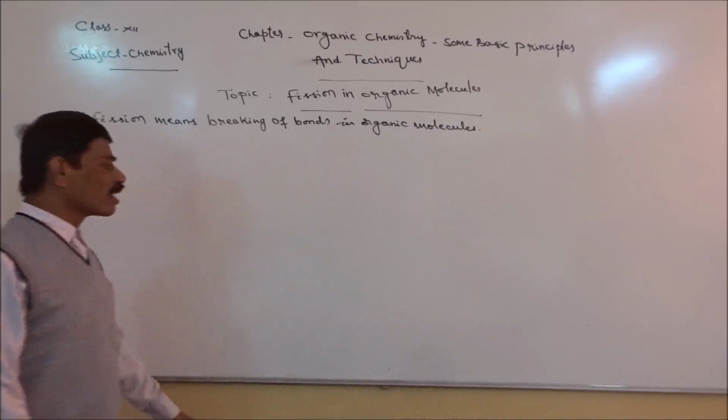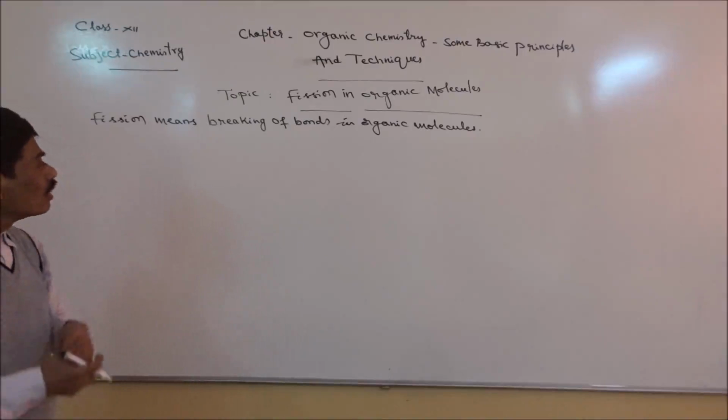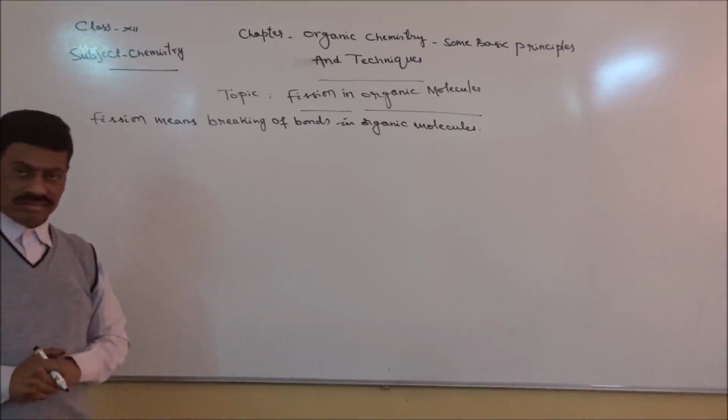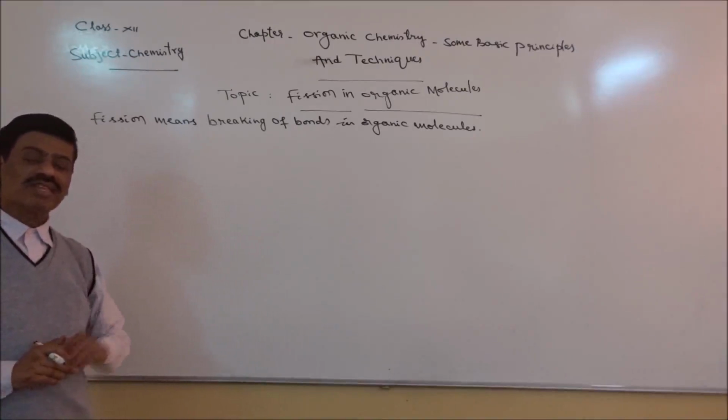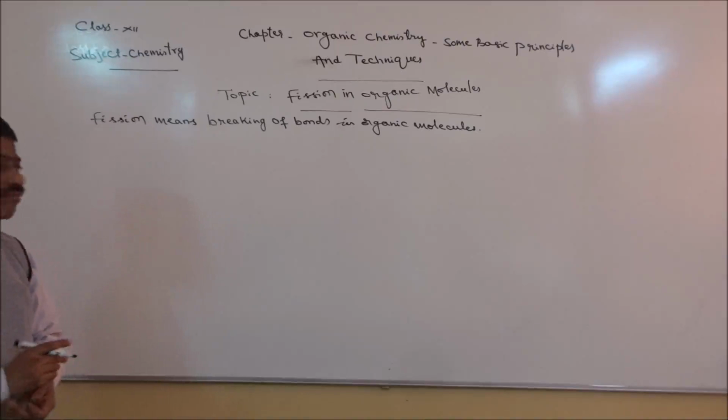In the case of breaking, we can use the term cleavage also. And based on the formation of the new particles because of fission, we have two types of fission.